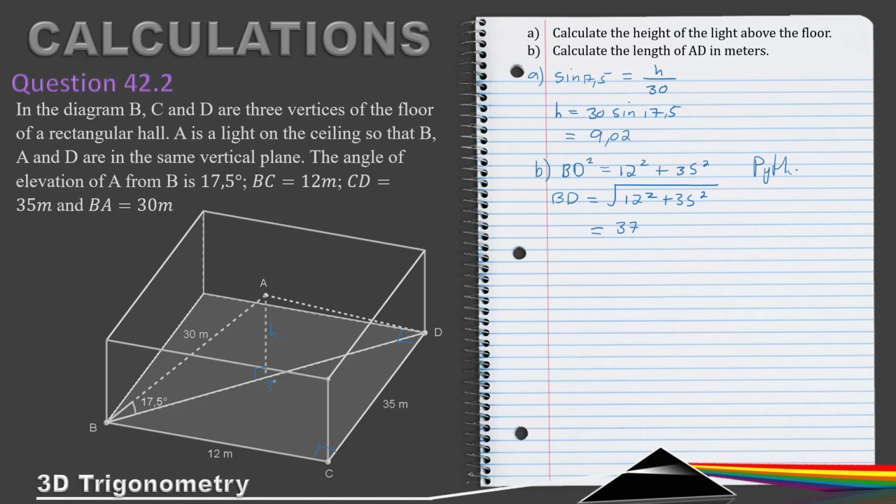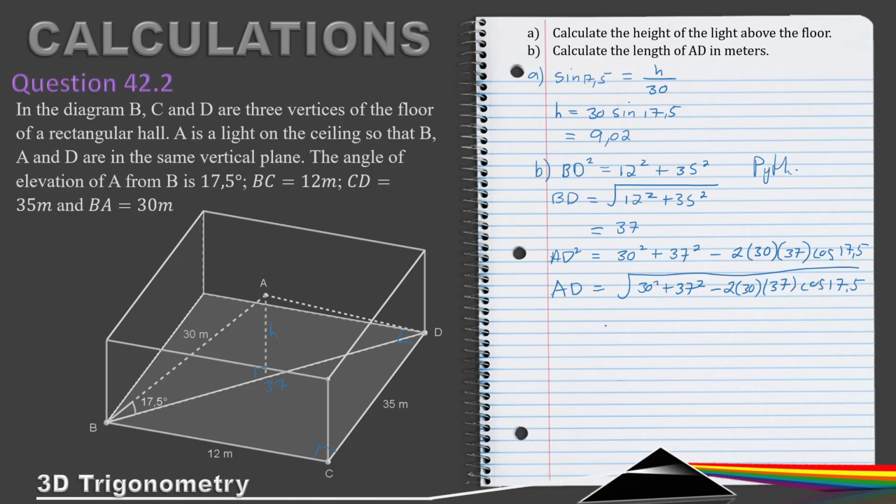Right. So now that we have that 37 over there, we can apply the cosine rule. So that's AD squared. And that's going to be 30 squared plus 37 squared minus 2 times 30 times 37 cos of 17,5. Take the square root. So we've got AD is the square root of 30 squared plus 37 squared minus 2 times 30 times 37 cos of 17,5.